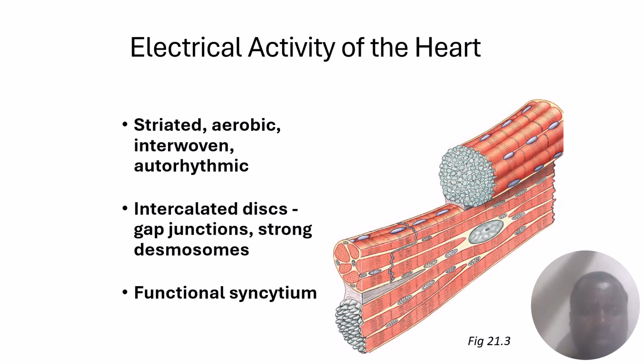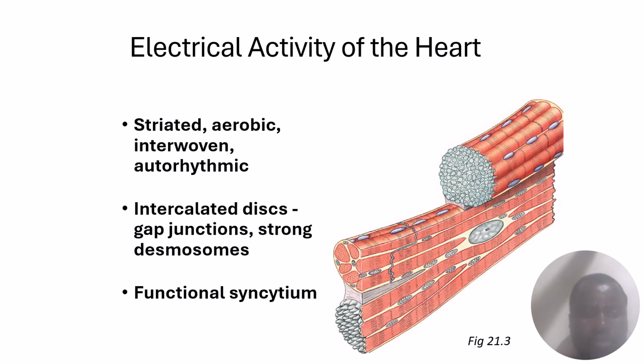If you remember, the cardiac muscle is striated, so it is organized histologically into sarcomeres. It undergoes aerobic respiration. It is autorhythmic, meaning even without external autonomic stimulation, the cells can undergo depolarization.